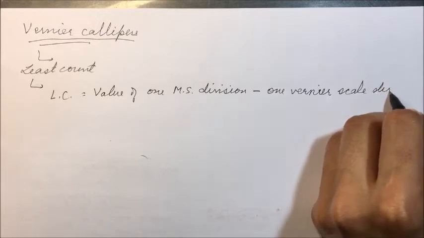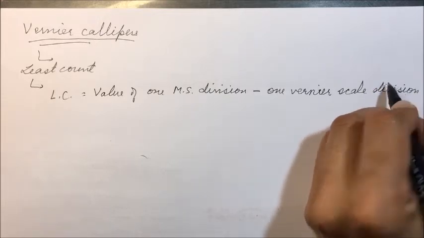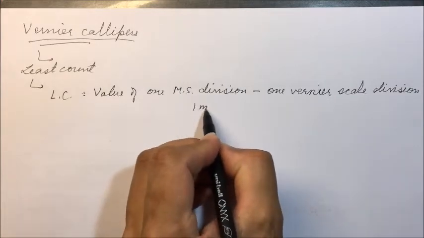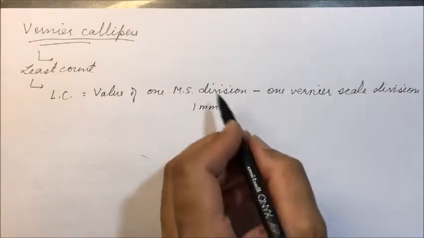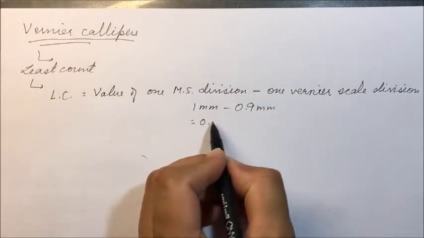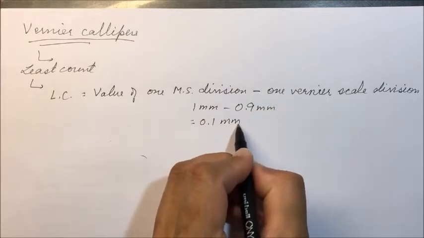This we have discussed. The value of one main scale division we have taken as 1 mm, and one vernier scale division is 0.9 mm. So it comes out to be 0.1 mm.